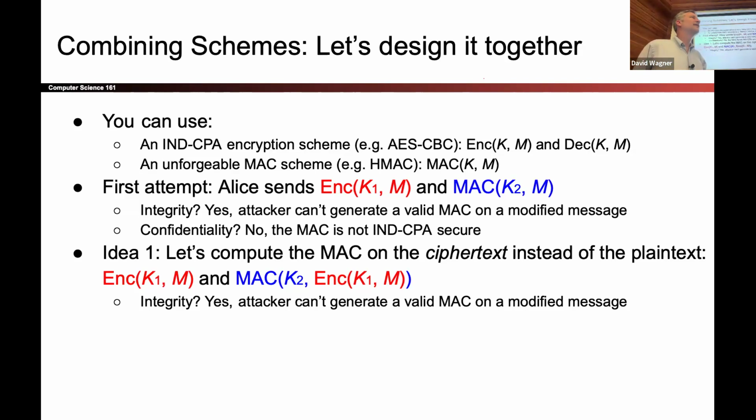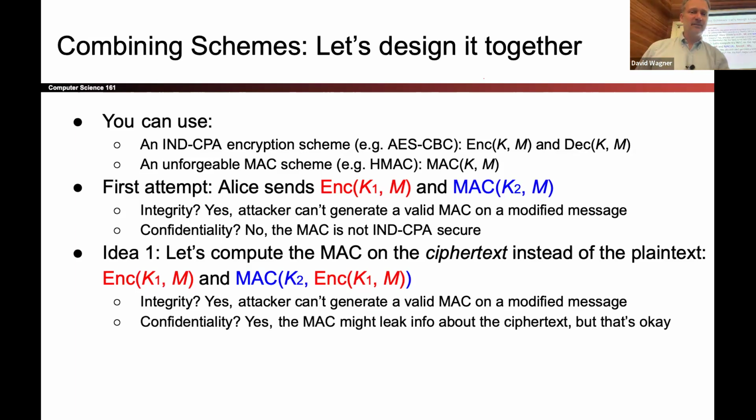Yeah, the tag is computed based on the ciphertext, not on the message. So there are no message bits that even go into the input to the MAC, so there's no way it could leak anything about the message. No one who looks at a ciphertext can figure out what the message is, even if they were to apply a MAC to it first and then try to infer something from that. So yes, this provides confidentiality.